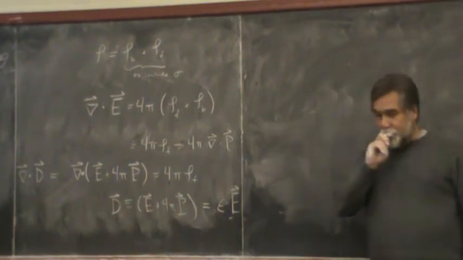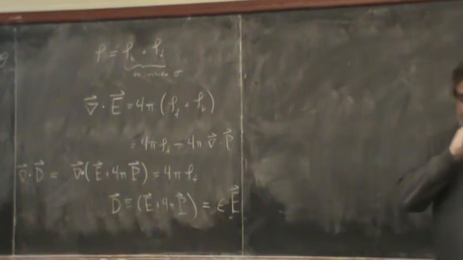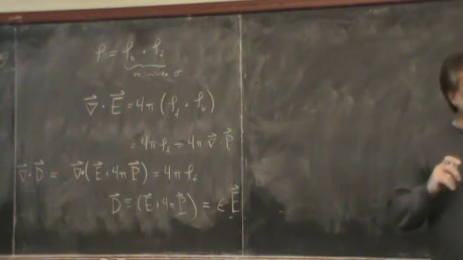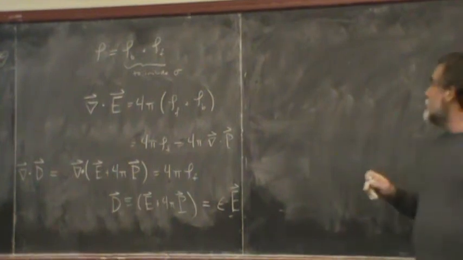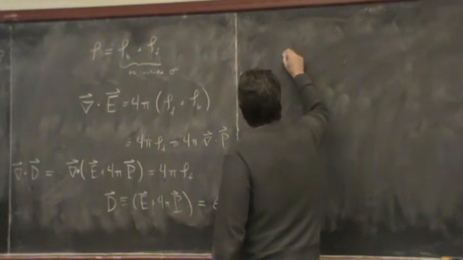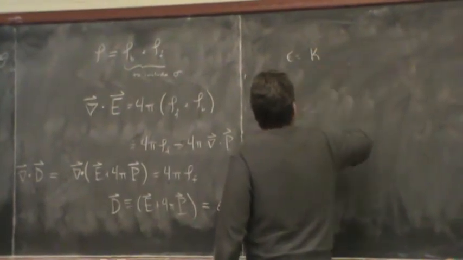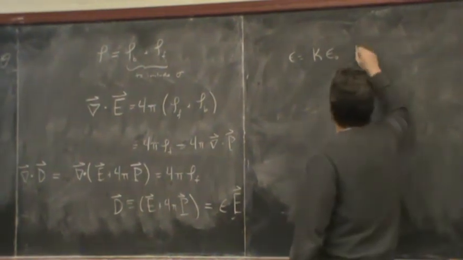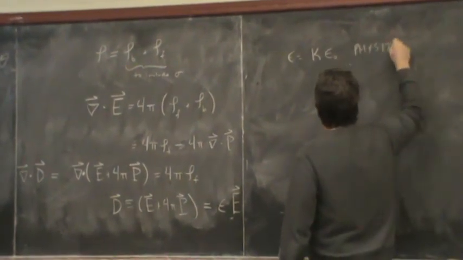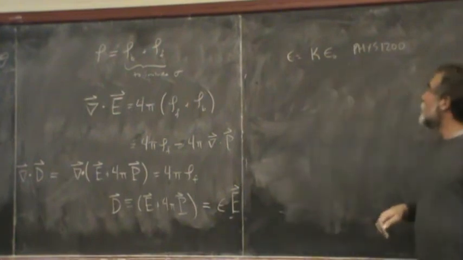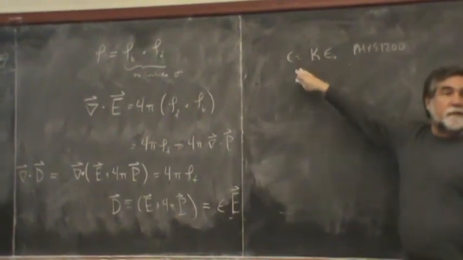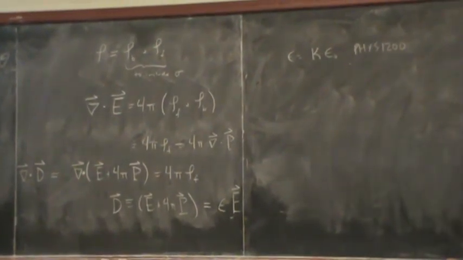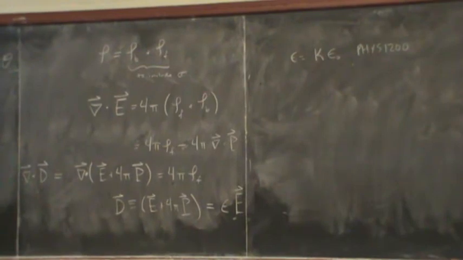And in physics 2, we might have written something like this, where we say that epsilon is equal to kappa times epsilon naught. That's the multiplier by which epsilon is greater than the dielectric permittivity of free space.